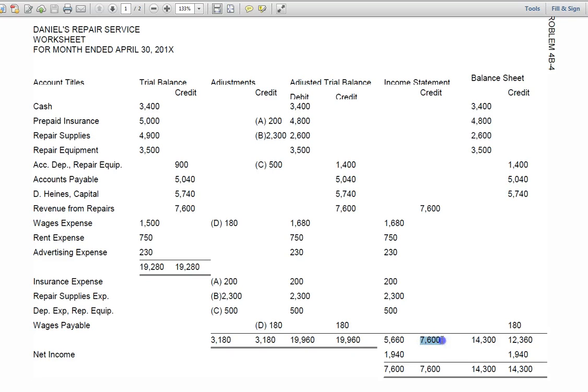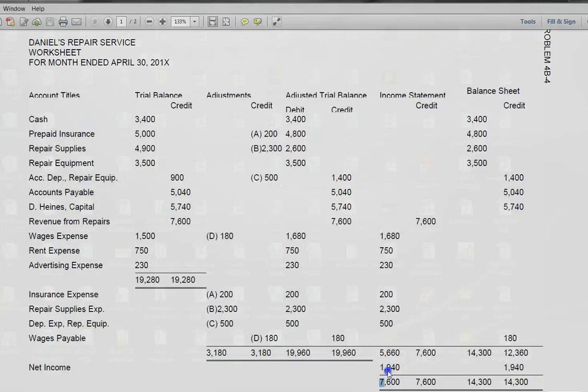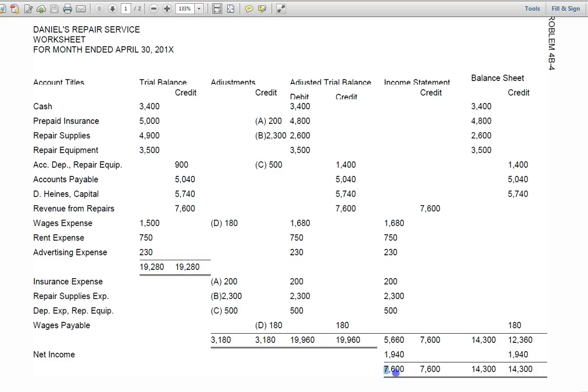And when revenues exceed expenses, inflows exceeded outflows, you've got a profit of 1,940, which you plug underneath the 5,660 simply to mathematically balance the bottom off, okay?